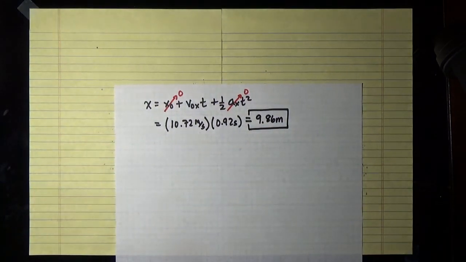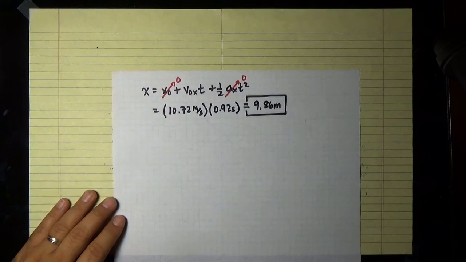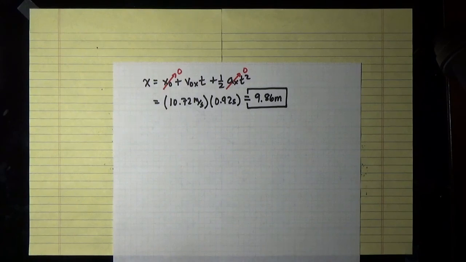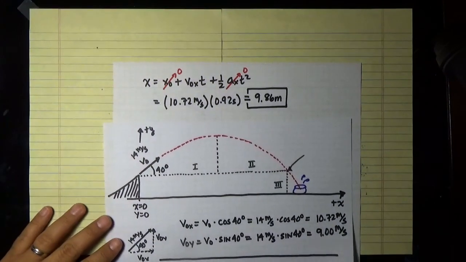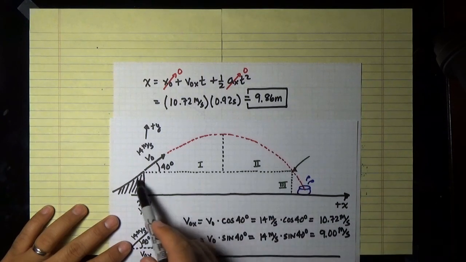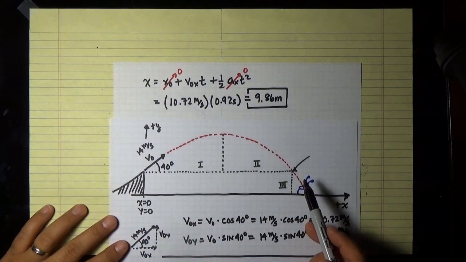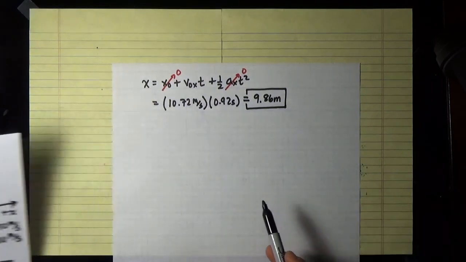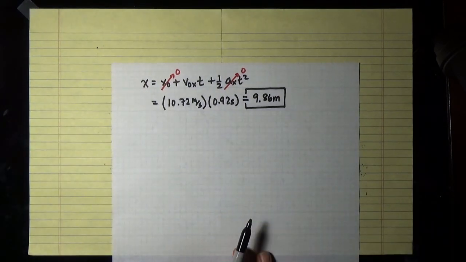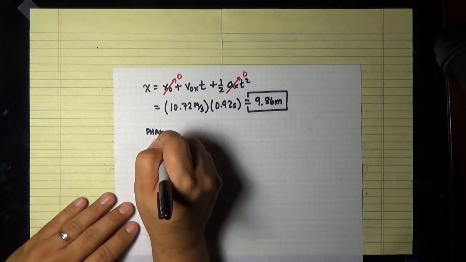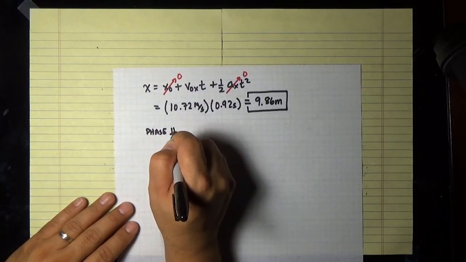Okay. So the whole point in working in phases is that the part 2 phase, which is the phase that goes from the apex down to the same height as the ramp, is identical. I've solved everything that I can know about the first phase, and so that means for phase 2, I know a whole bunch of information.